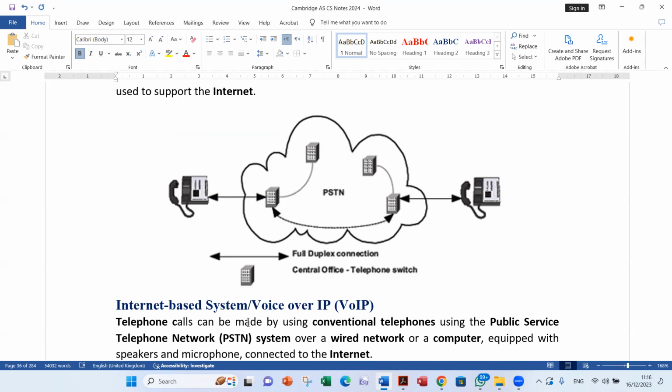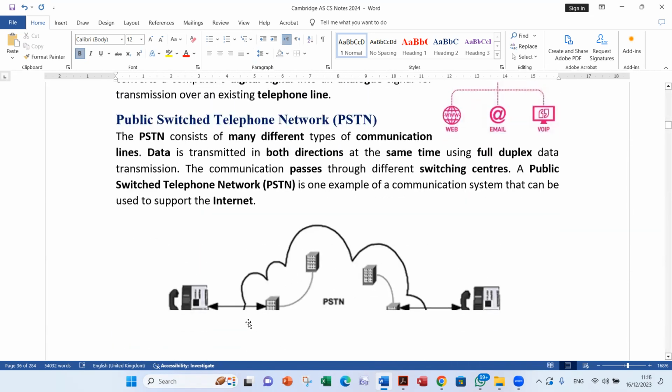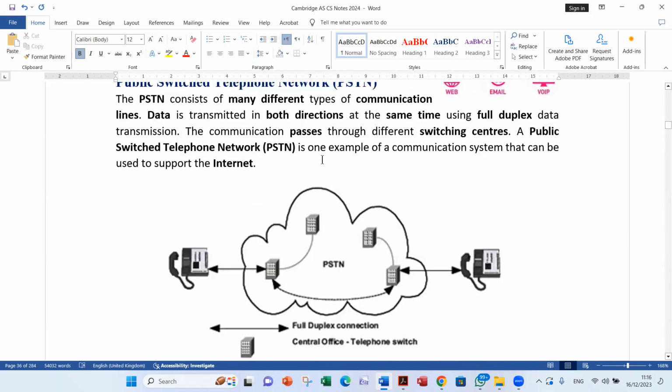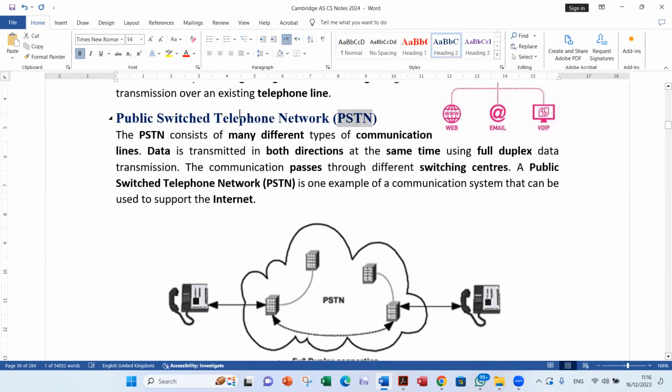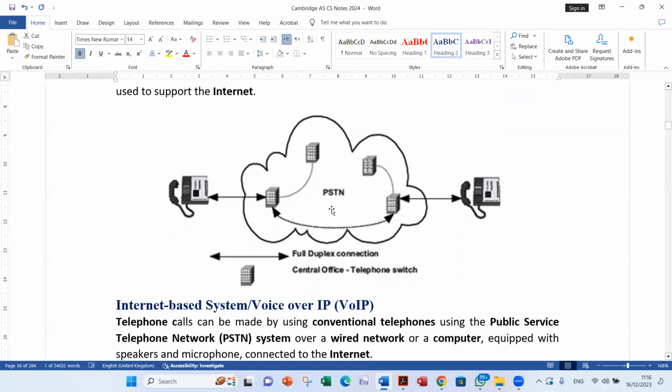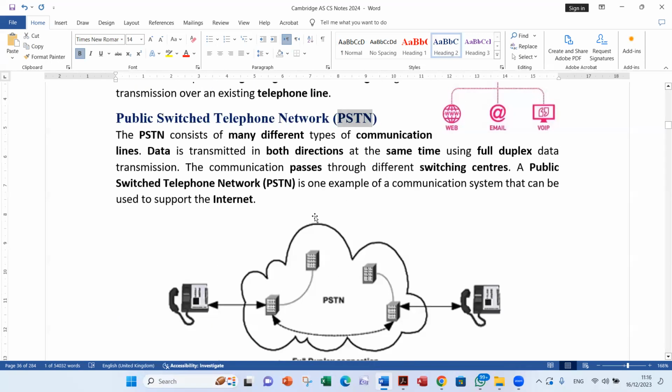And when you connect computers using the PSTN directly, you will need a modem, because these are telephone lines, landline telephone lines. They used to be analog. And the modem converts data between digital and analog to be transmitted through the PSTN.